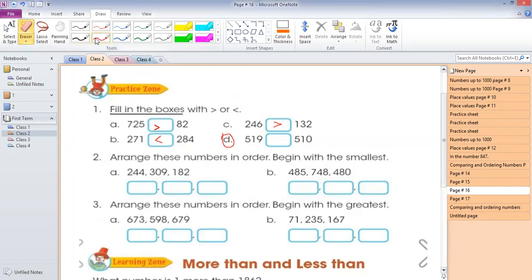Okay. So which sign should I put here? This one or this one? First one or second one? The second one. You mean that? No, no. This is the second one. Look.